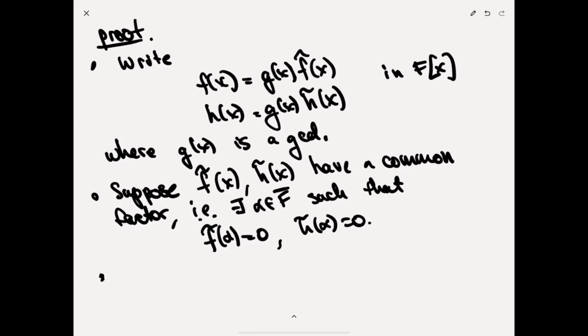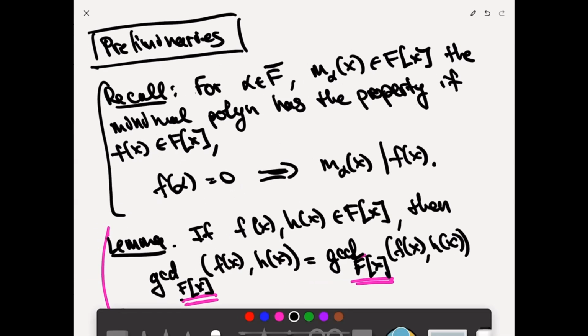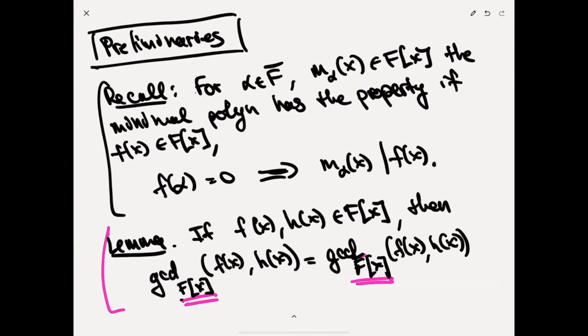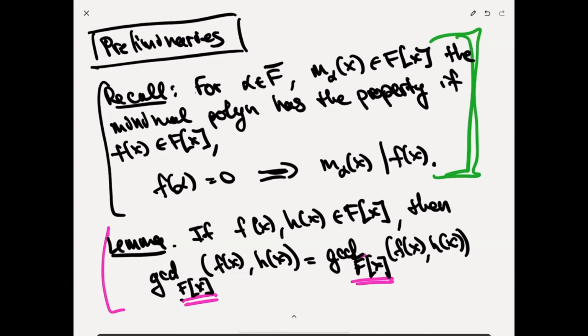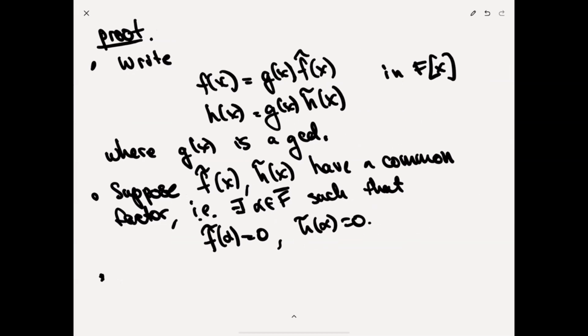Okay, so if this is the case, right, now we get to apply what we talked about here. All right, so this means that f tilde of x and h tilde of x are divisible by the minimal polynomial of alpha.